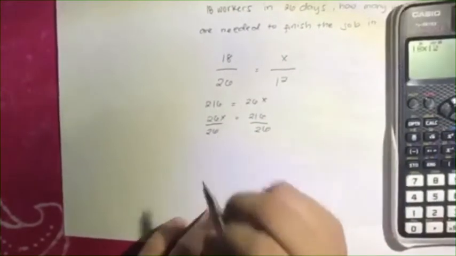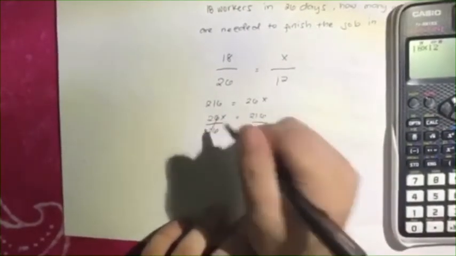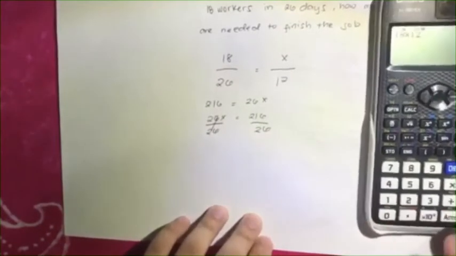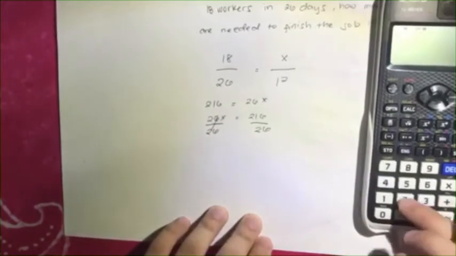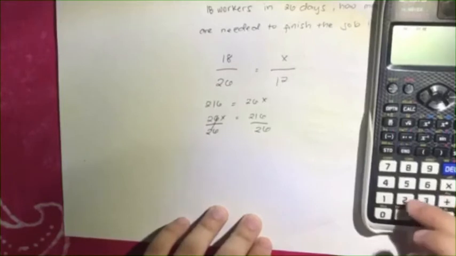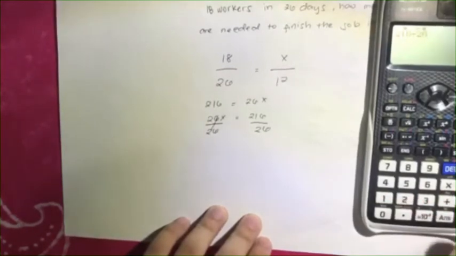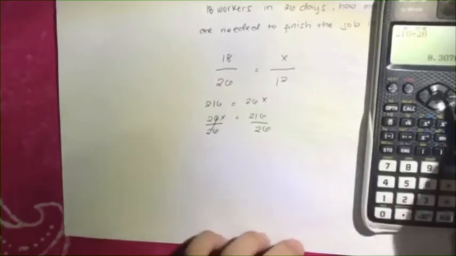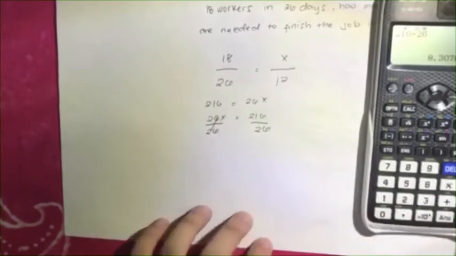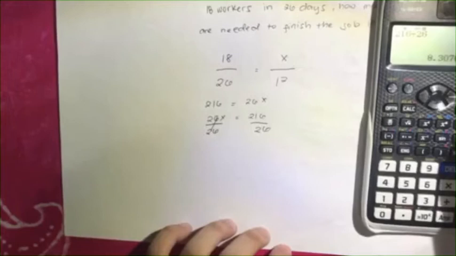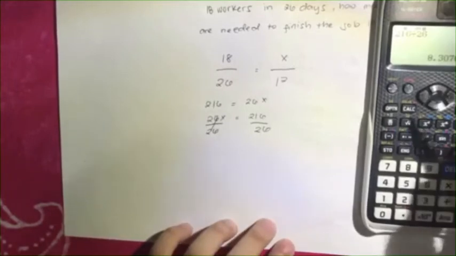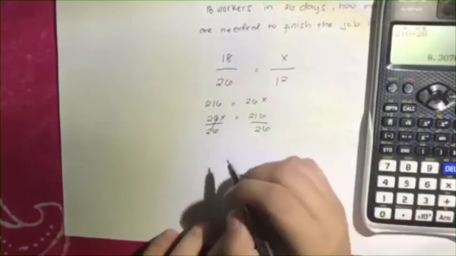So, 26 divided by 26, cancel, ay 1. And 216 divided by 26, we will have 8.307, pero we will round it off into 2 decimal places lang.